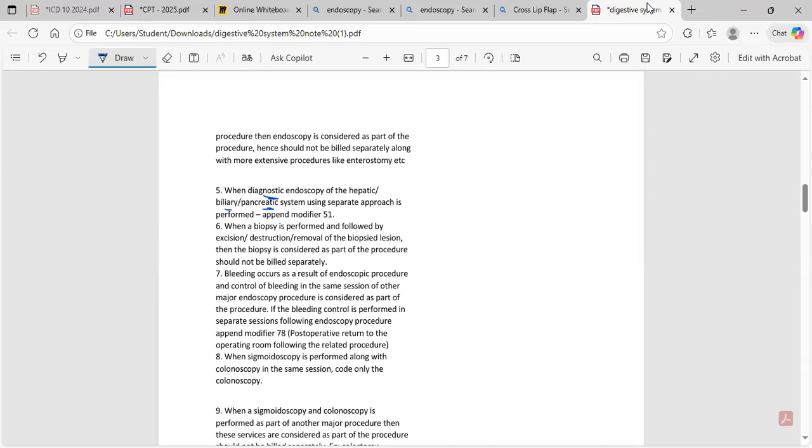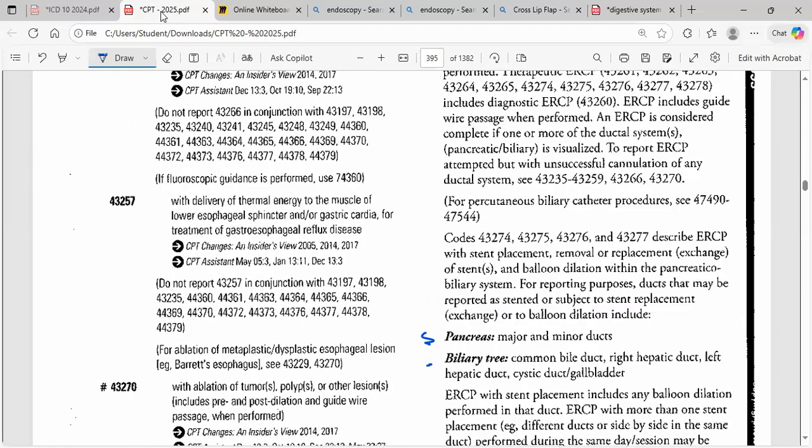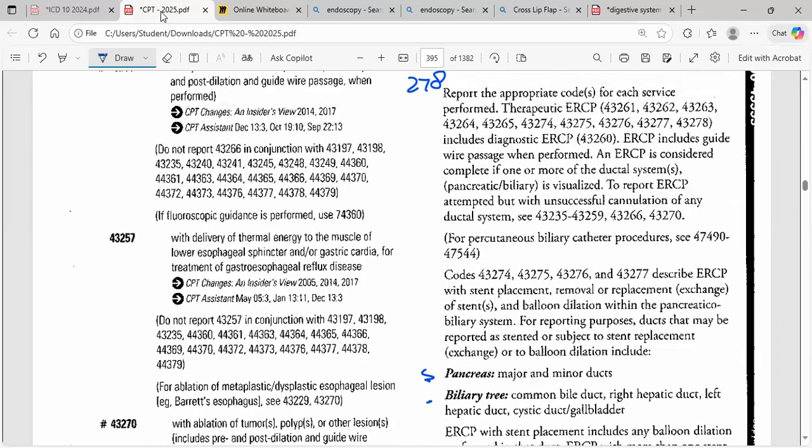We consider the ERCP complete if one of the ductal systems is completely reviewed. So an ERCP is considered complete if any one of these two ductal systems is completely visualized.